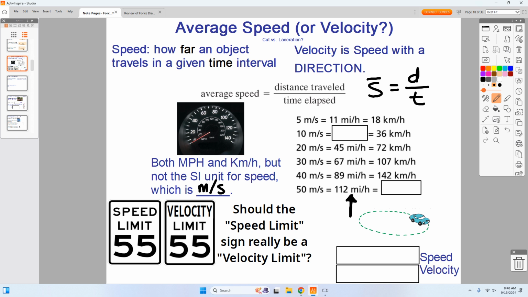But there are places up north where the speed limit is approaching 80, so you probably know what some of those feel like. These are the equivalent values in meters per second. These would be the equivalents in kilometers per hour. Can you use some reasoning to figure out what goes in that blank there?